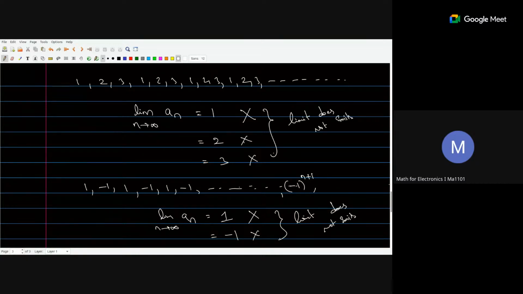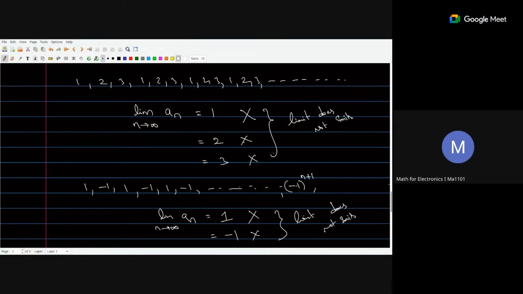So we have 3 cases here. Either the limit exists and goes to a unique real value, and then those sequences are called convergent sequences. The other classification is if my limit is going to plus infinity or minus infinity, only one of these can be possible, and we simply say the limit diverges to plus infinity or diverges to minus infinity.